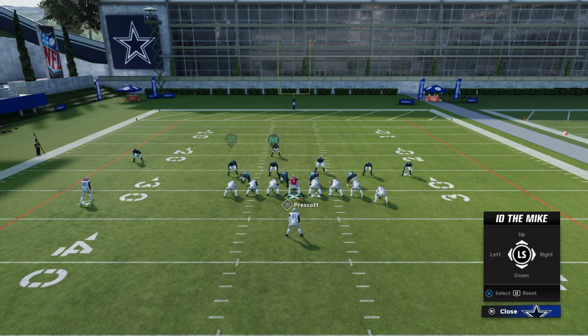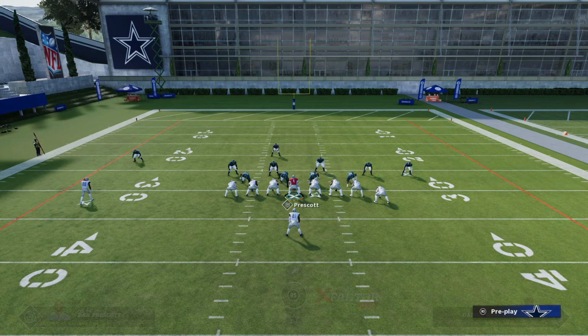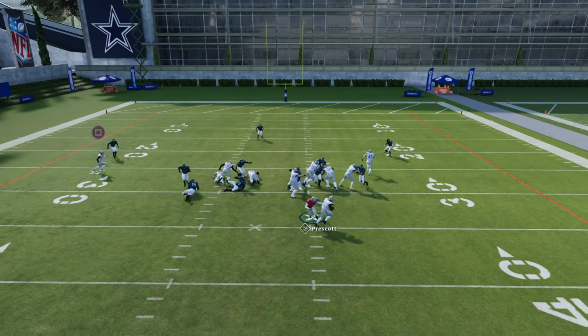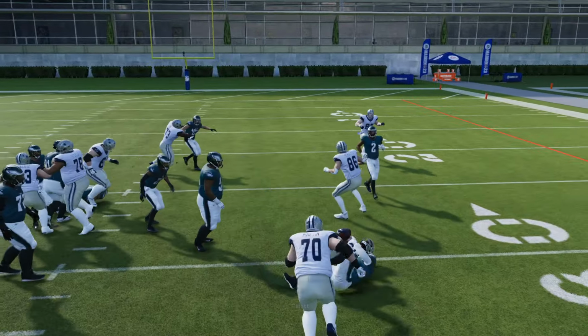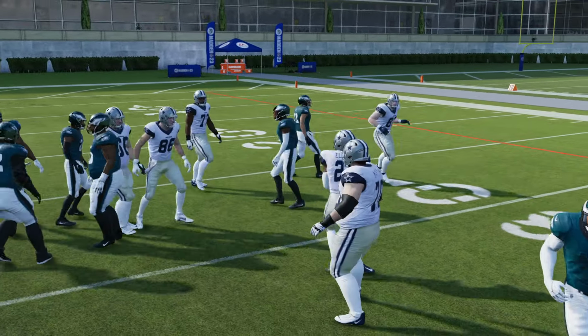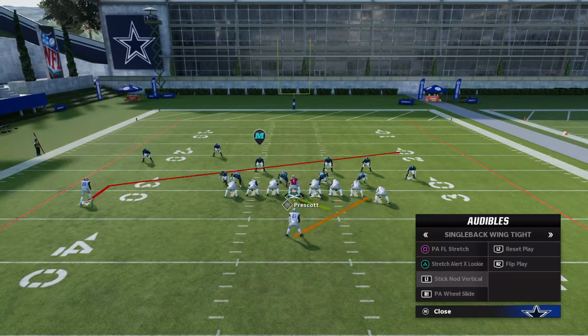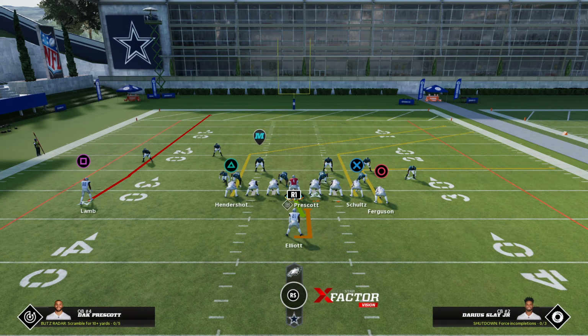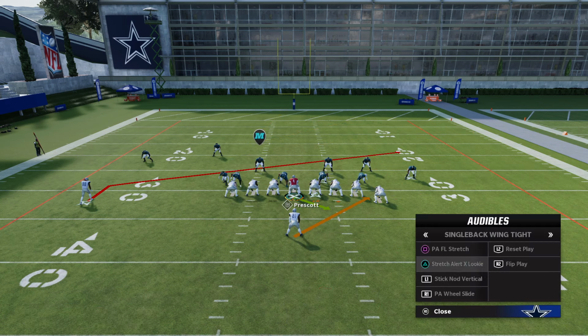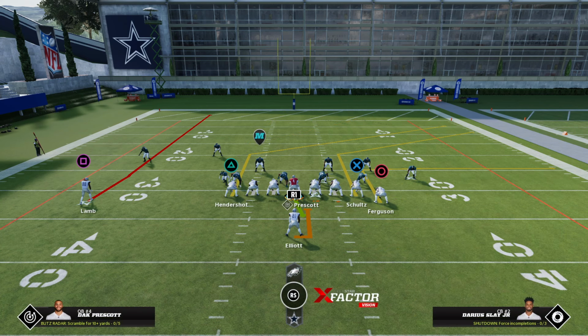Who's going to be the Mike, the middle of our protection? I would assume that it's going to be this guy because we're running towards the right side of the field. So now they're going to get my blocks on right there. That's essentially the concept of ID the Mike: you're trying to identify the middle linebacker in order for your offensive line to block that way.